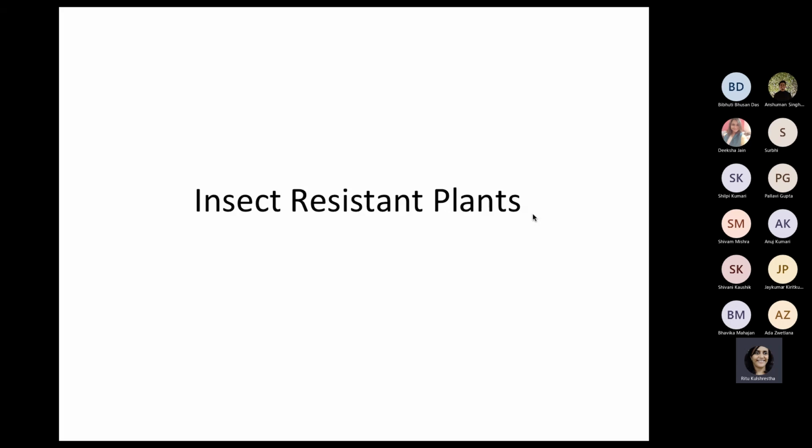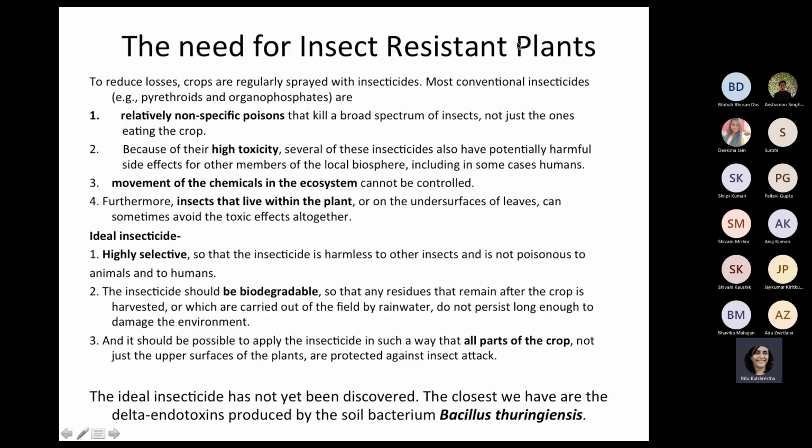Because it was realized that yes, you can kill the insects with the help of various insecticides, but these insecticides are comparatively non-specific. The problem is that they are highly toxic. Also, they get into the food chain and affect the ecosystem.